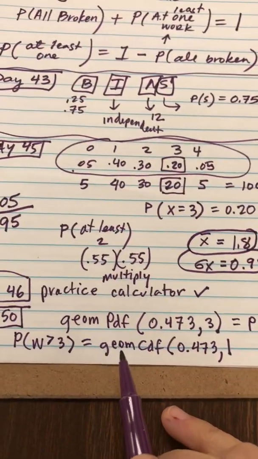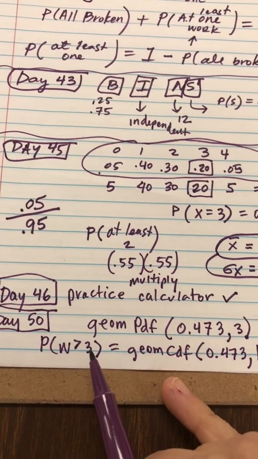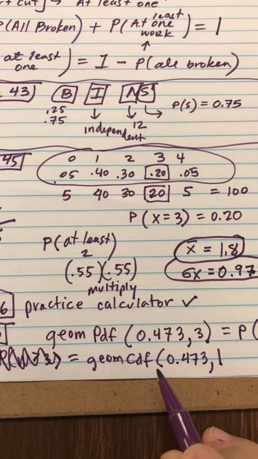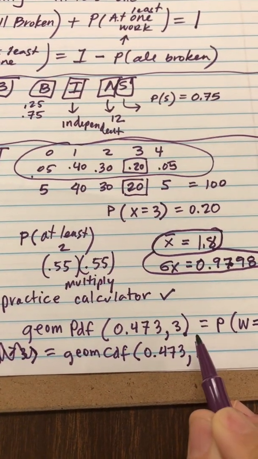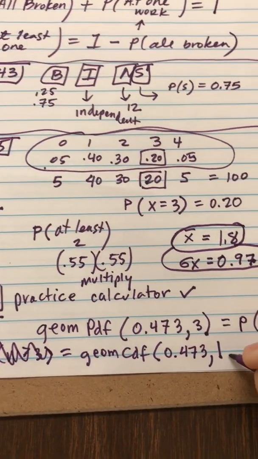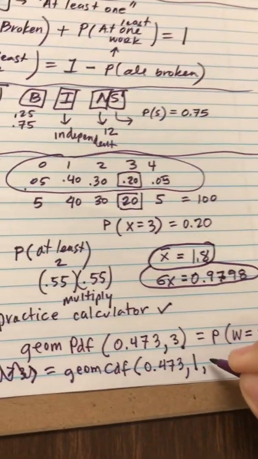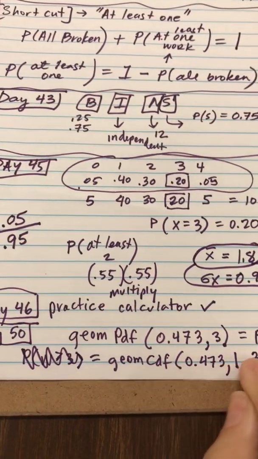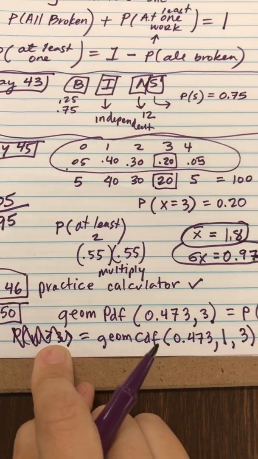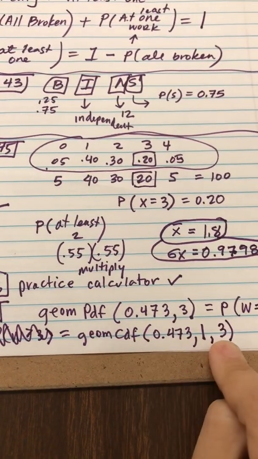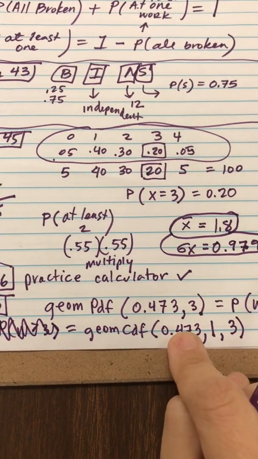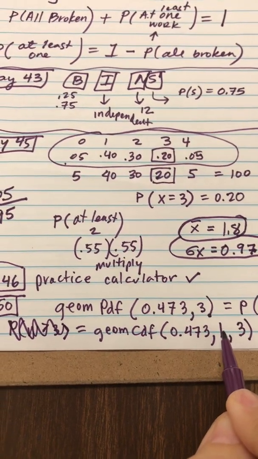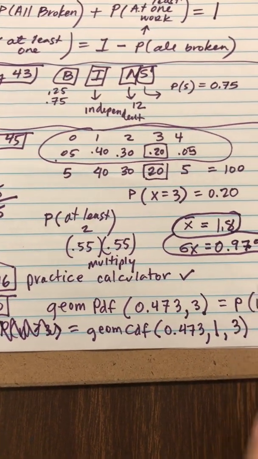So what if I figured out the range between catching it on the first try, that guy's lucky, and catching it on the second or the third try. And that should be the complement of that. So I can use a range in my calculator, and this will tell me the probability of catching the seal on the first, the second, or the third.